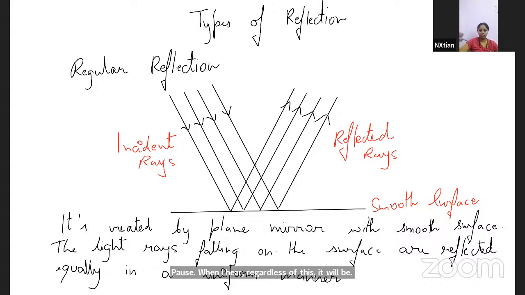Ma'am, by diffusing, do you mean they will scatter? Scatter, yes. They will scatter more. So, ma'am, that's like the irregular mirrors in fun houses.